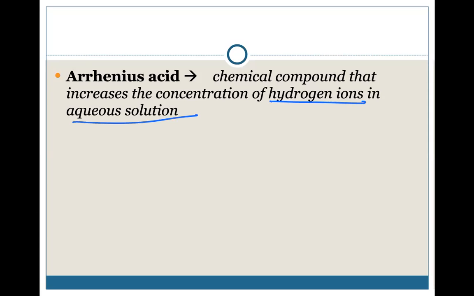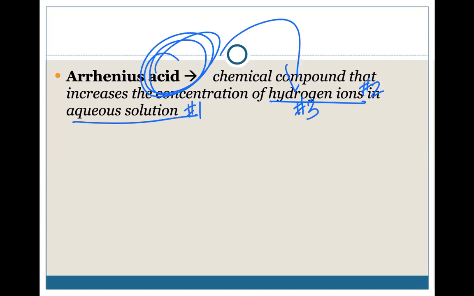in aqueous solution. Okay, so here we've got criteria or rule number one, requirement number one, aqueous solution, and rule number two or requirement number two to increase concentration of ions. And rule number three for an acid is that it increases hydrogen ions. Okay, 1, 2, 3.